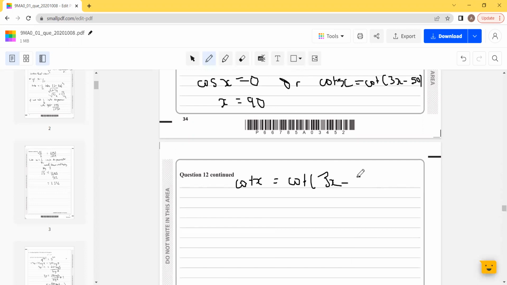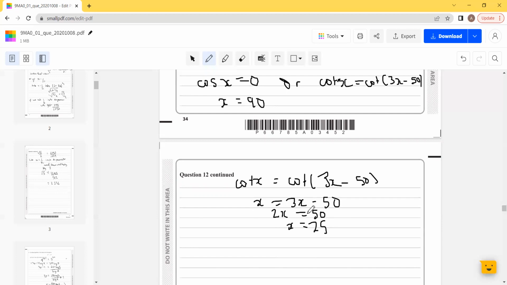So this means that x is simply equal to 3x minus 50. Okay, so 2x is equal to 50. So x is 25 degrees. But there's also a third value in this whole thing. And to find the third value, we're going to have to use some more trig knowledge.